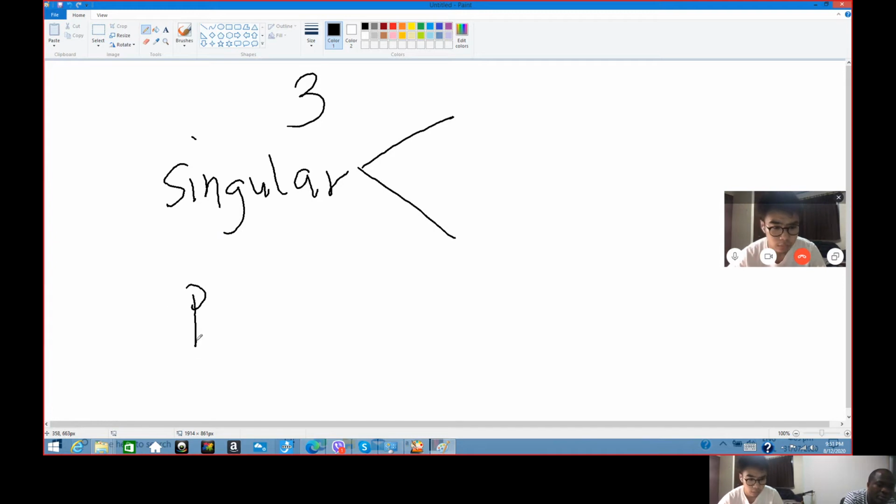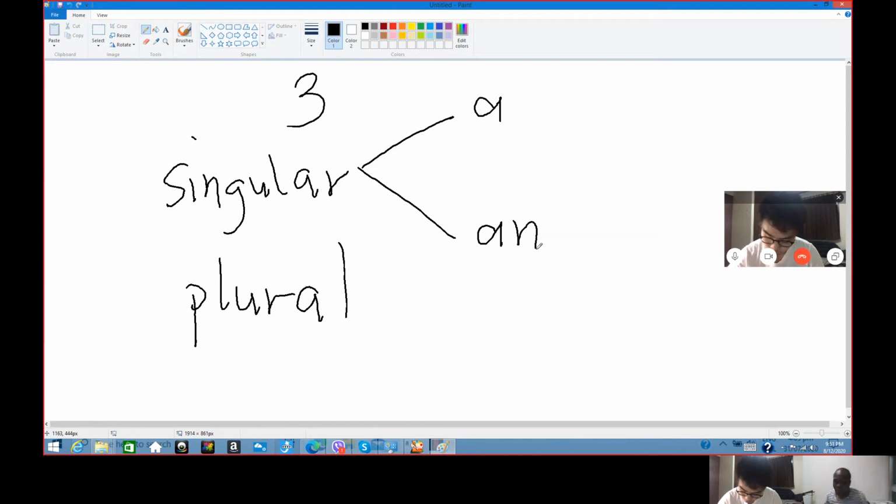In English we have three indefinite articles. So two will come here for singular: a and an. Then we said three, so one is left, one for plural.